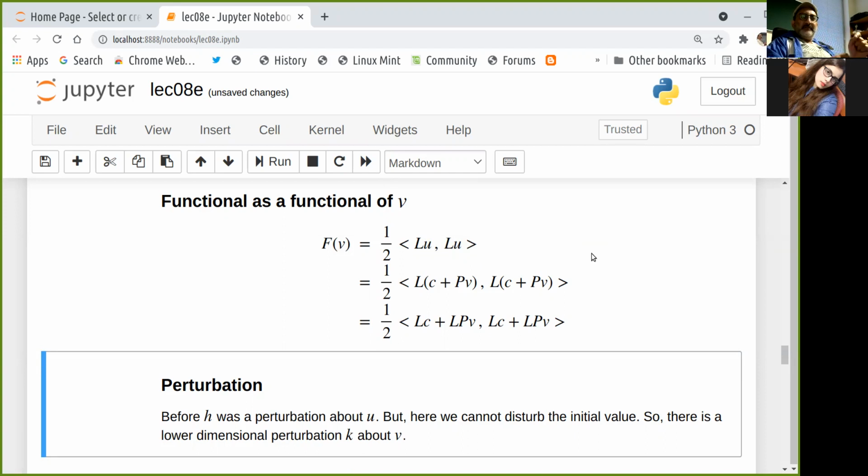And the reason I'm doing that is because I can't disturb the initial condition, right? The allowed perturbations about u should not disturb the initial conditions, which means you've only got a perturbation about v, which I'm going to call k, okay?